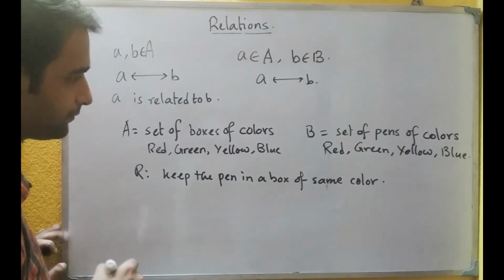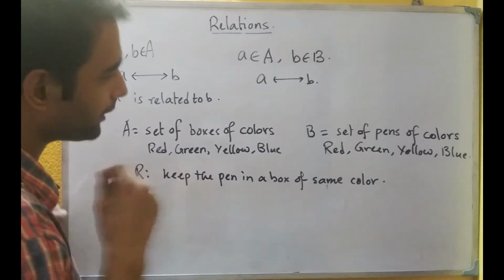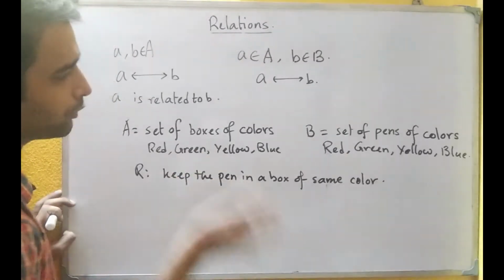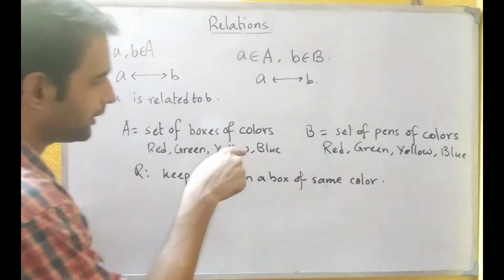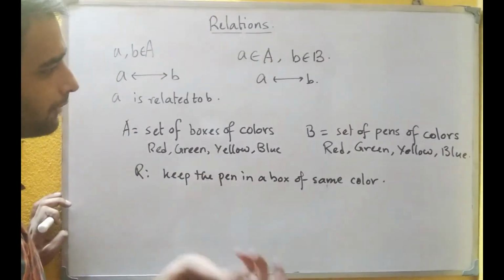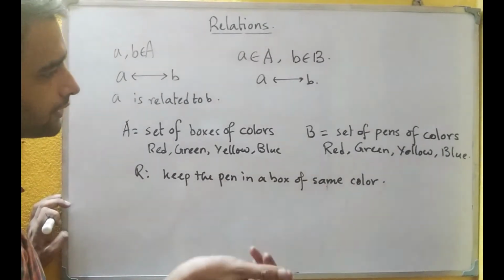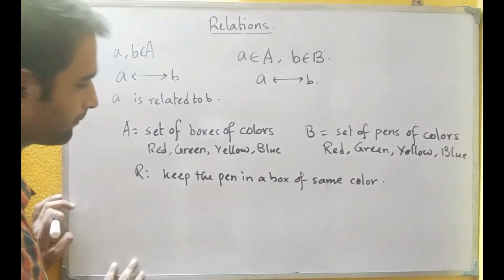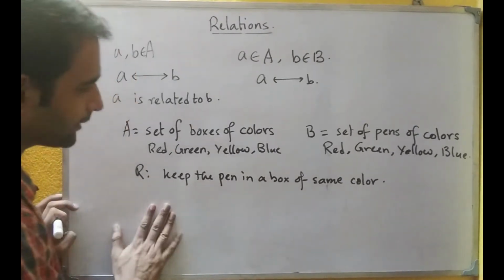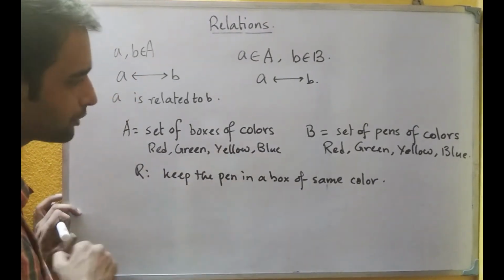That means if you take a red pen, then you will keep it in the red box. If you take a blue pen, you will keep the pen in the blue box. In this way, we can keep the pens of different colors in the respective box of that color. So in this way, we can define the relation between the elements of these two sets.